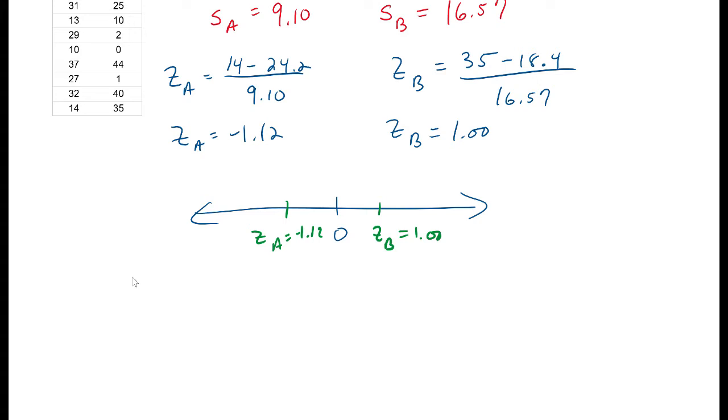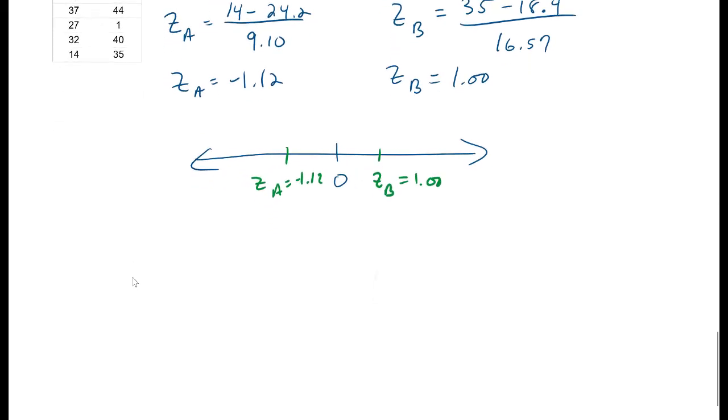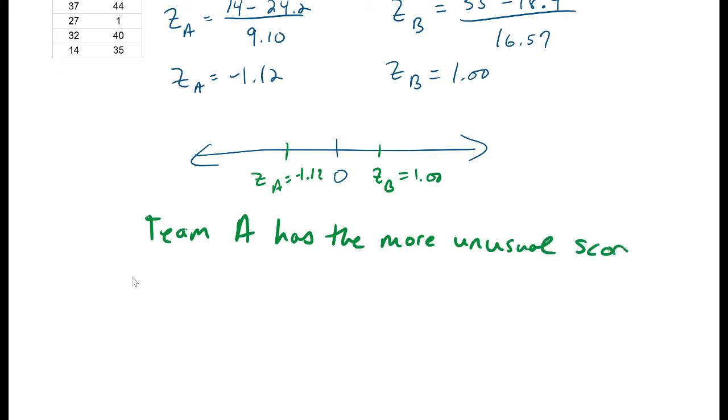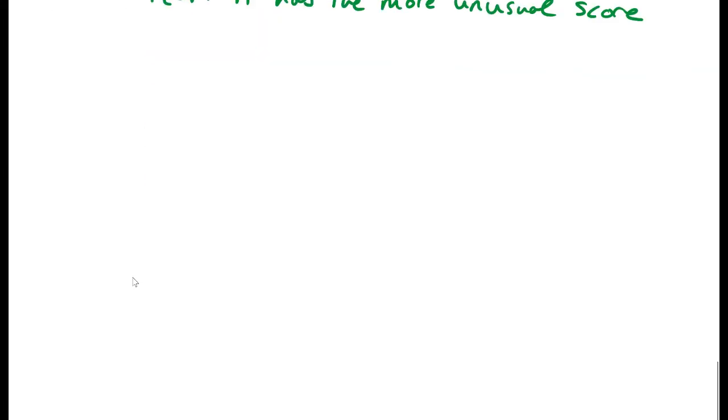So you can see that the z-score for Team A is farther away from 0. Therefore, Team A had the more unusual score.